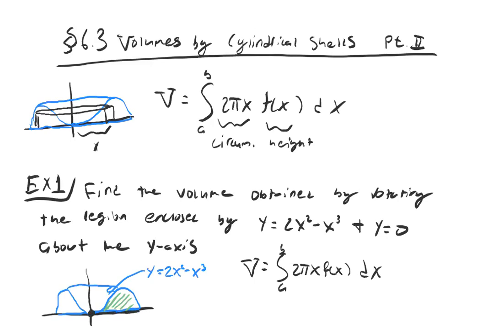We obviously start at x equals 0, and then we have to figure out where we end up. Where we end up is this point here, the x-intercept of the graph of 2x squared minus x cubed. So to figure out the b value for our integration bounds, we're going to find the x-intercept of that function.